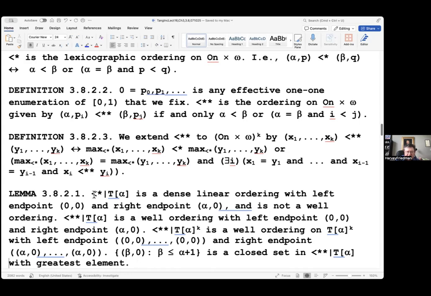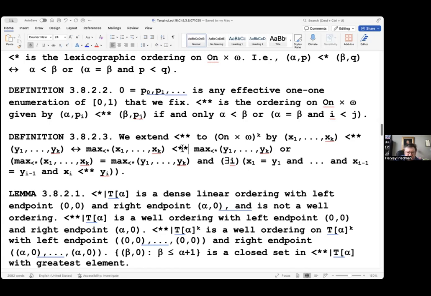In other words, you're less than if and only if first your maxes are less than. These points are in ON cross omega, so I have to say less than star. But actually, that's not what I meant; I think it's important that I fix that.